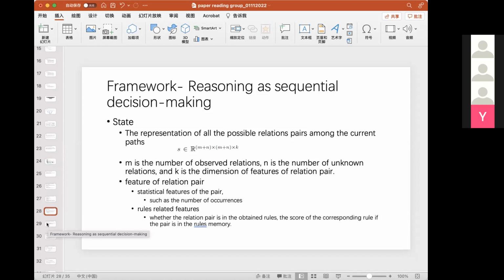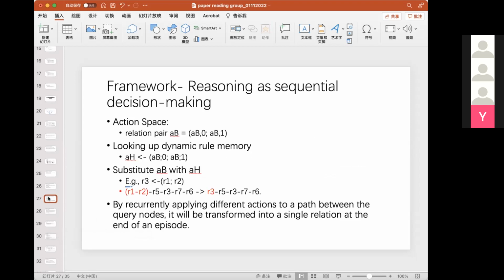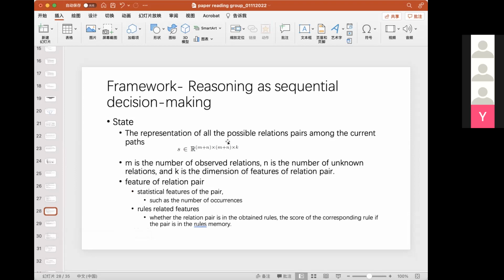After choosing these in different orders, finally we can get the target relation, and this should be the same as the target relation. So n is a hyperparameter here. Yes, the n number is the hyperparameter. Okay.